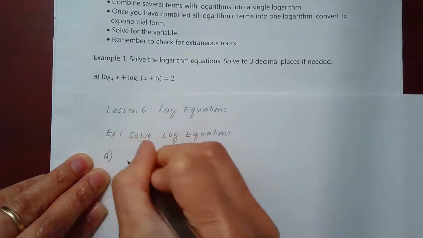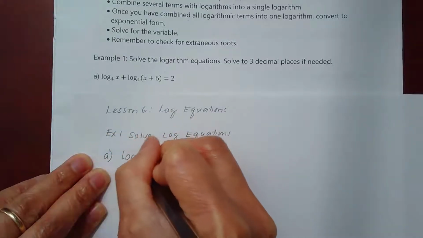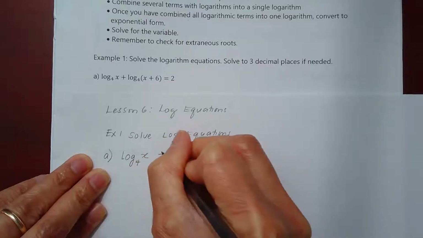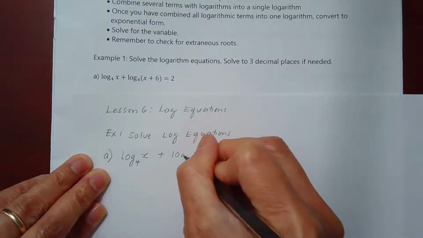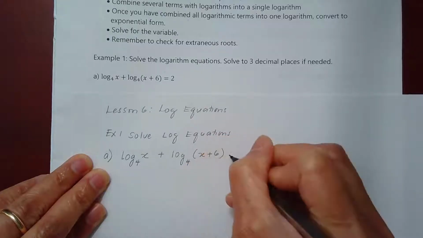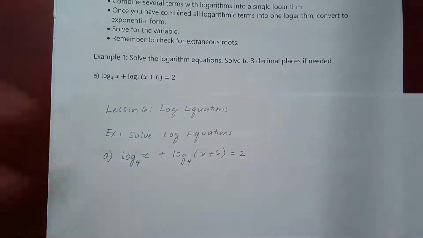Let's start with letter A. It says here log of x base 4 plus log of x plus 6 base 4 is equal to 2.